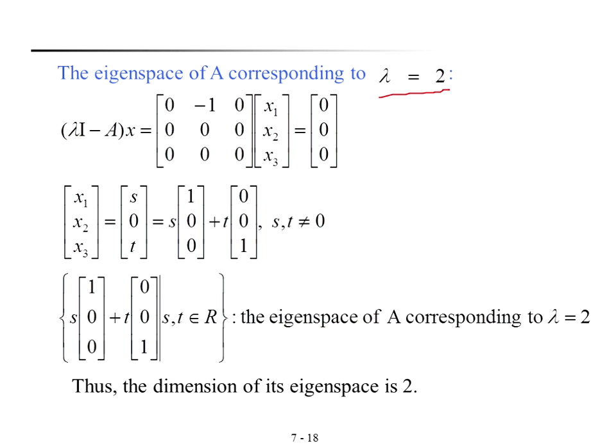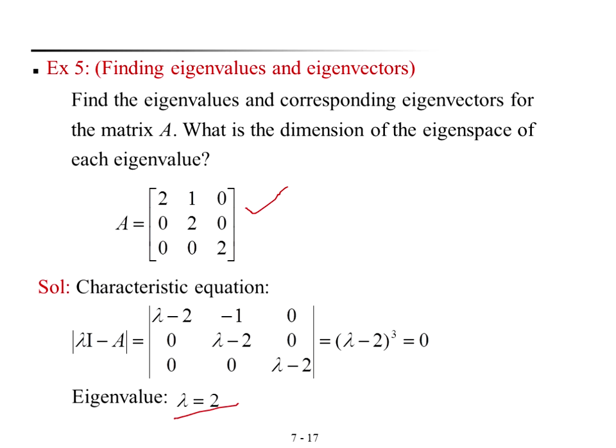Similarly, lambda I minus A into x is equal to 0. So subtract lambda I minus A, where lambda I is 2, so 2 minus 2 is equal to 0. In the previous matrix, just see, here put lambda is equal to 2.